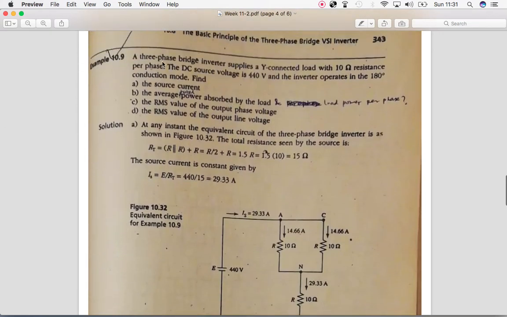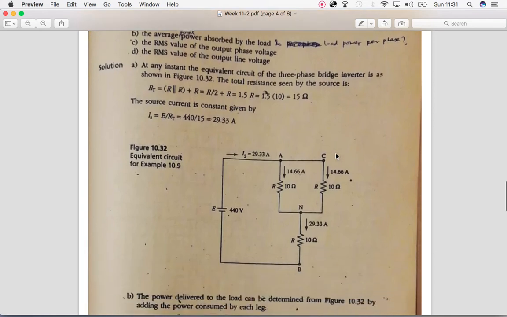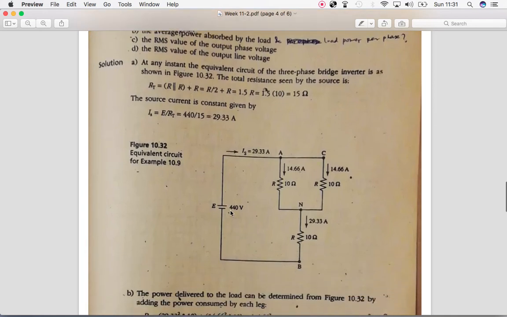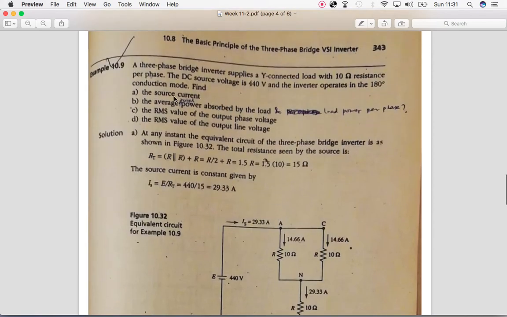So I come to this problem in which we have a three-phase bridge inverter with a Y load connected with 10 ohm resistance. This is the circuit in which we have the DC voltage source at the input. We have resistances over here, and if we have 180-degree conduction mode, then we are able to calculate the source current.